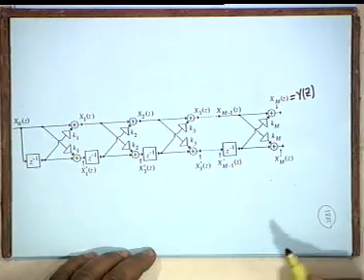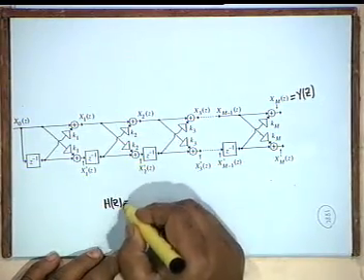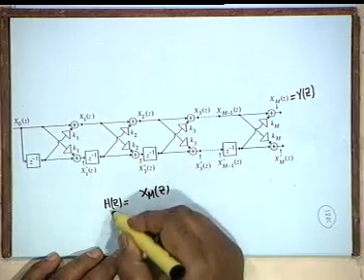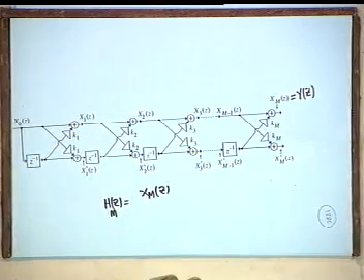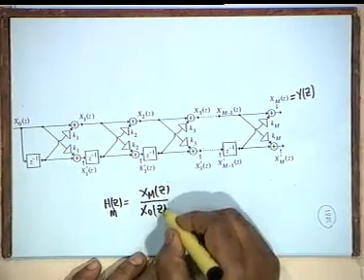And finally, the transfer function, which is capital Xm of z, we shall call this Hm of z, divided by X0 of z.